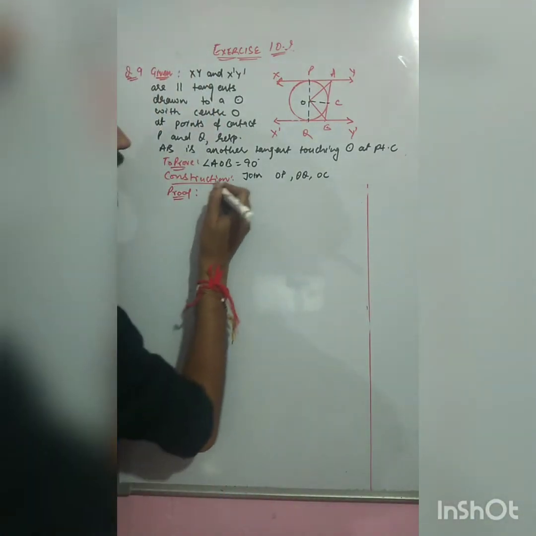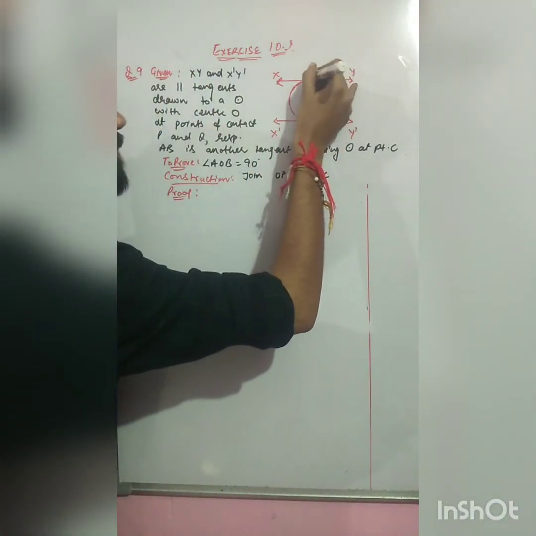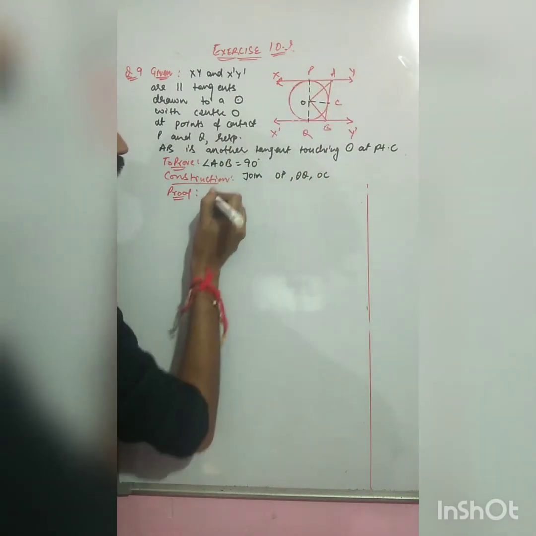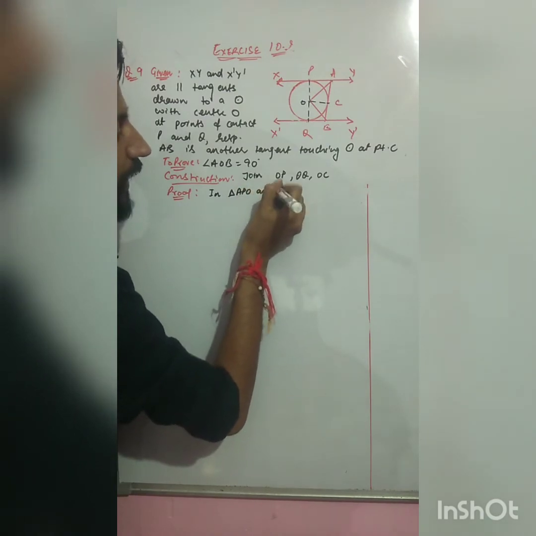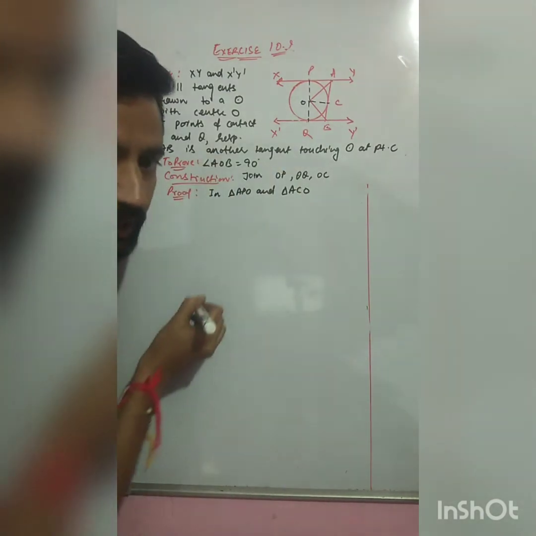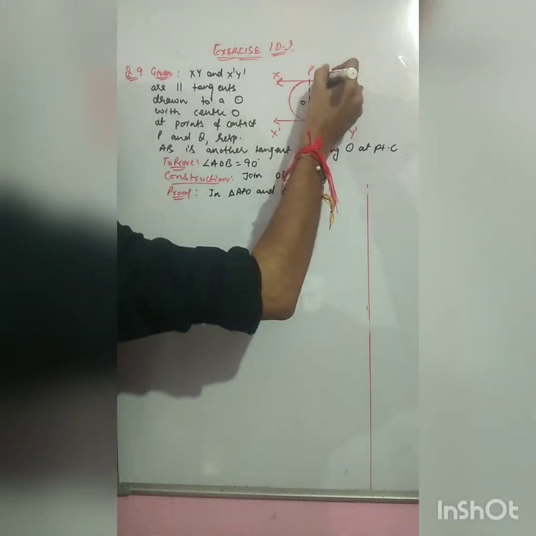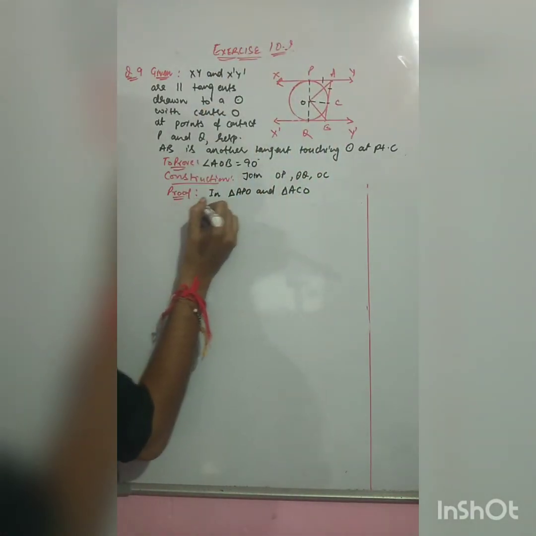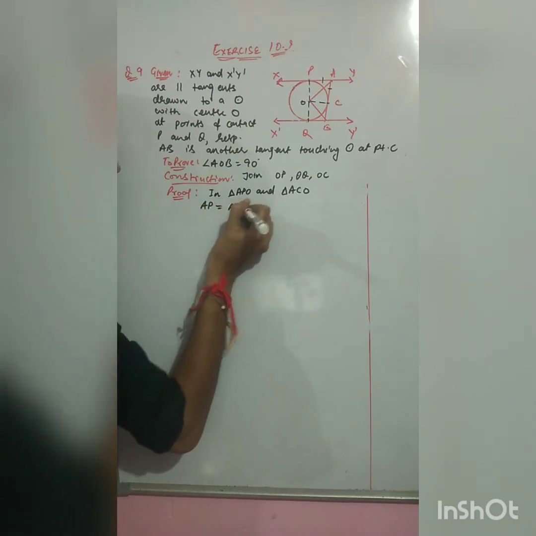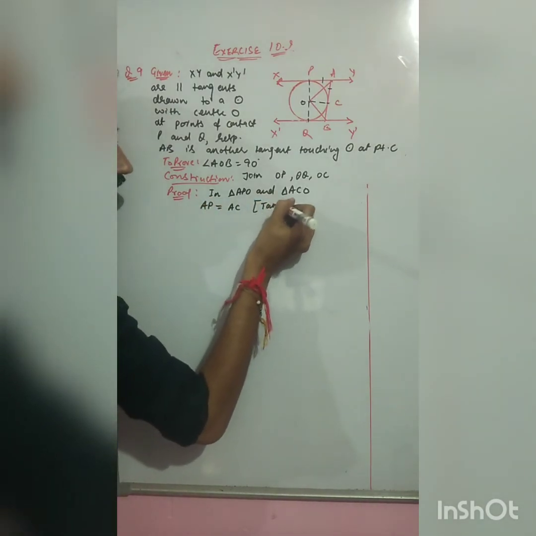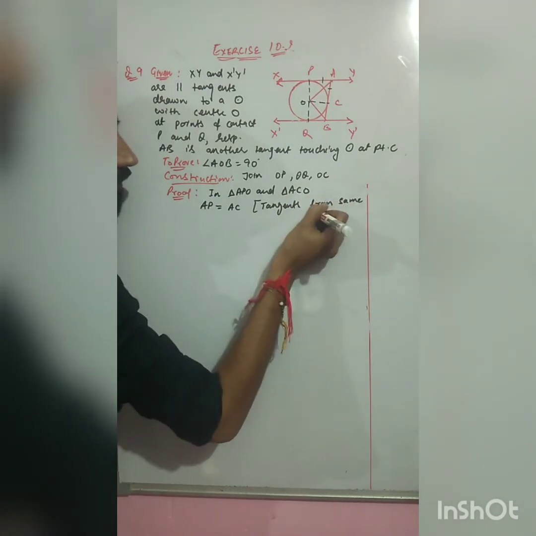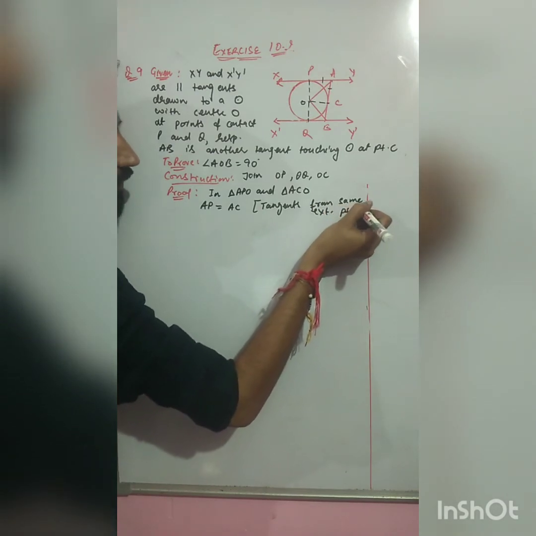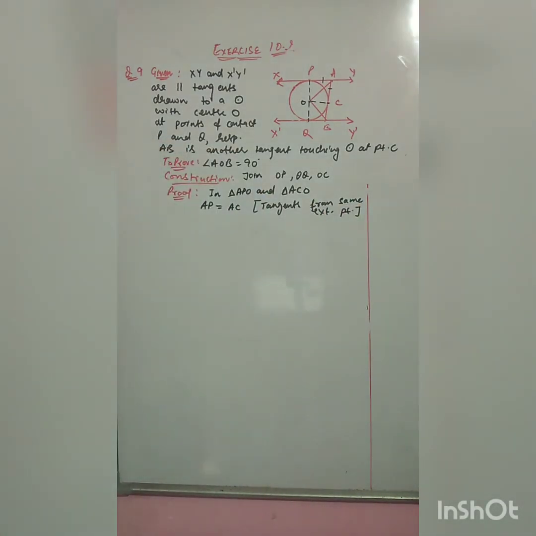To prove, let us take the triangles APO and ACO. In triangle APO and triangle ACO, AP and AC are equal. Why? Because these are tangents from the same external point drawn to the circle, so they would be equal.